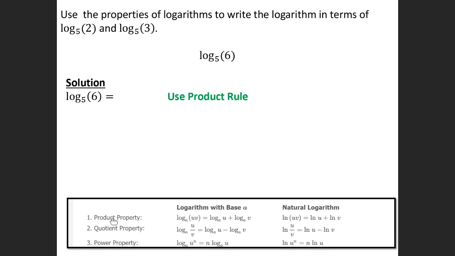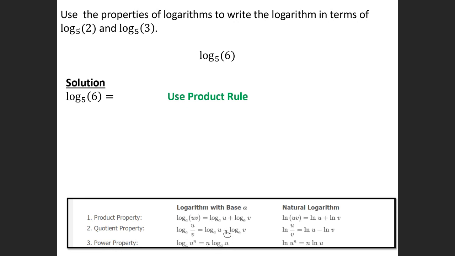So for the product property, what it says is if you have log of base a of 2 expressions, we can separate it as log a of the first expression plus log a of the second expression. In the quotient property, if we're dividing, then we can separate with subtraction. And then the power rule tells us that if you have an exponent, we can bring that to the front, and then we would have log a of u.